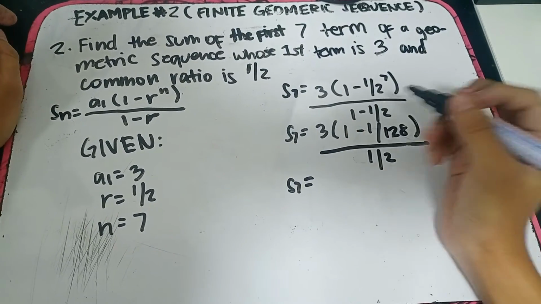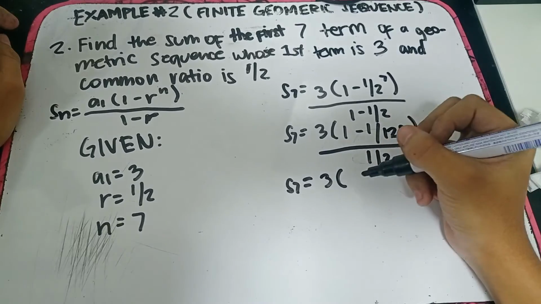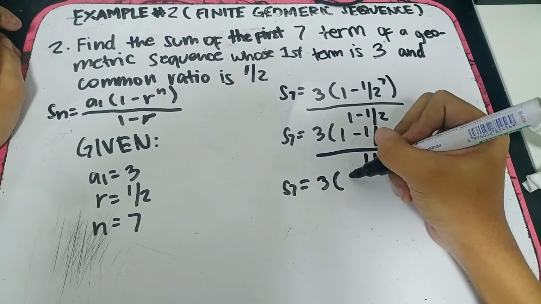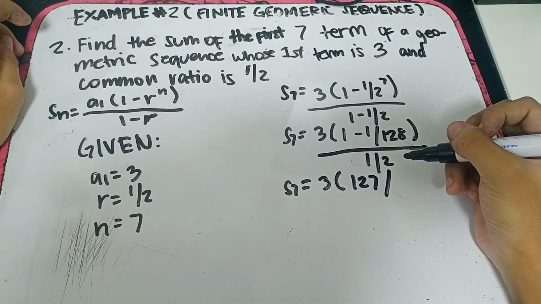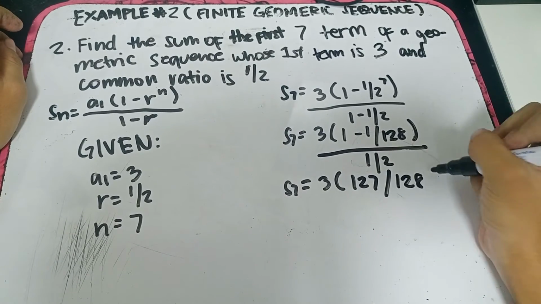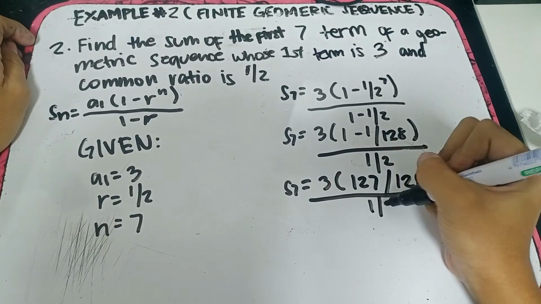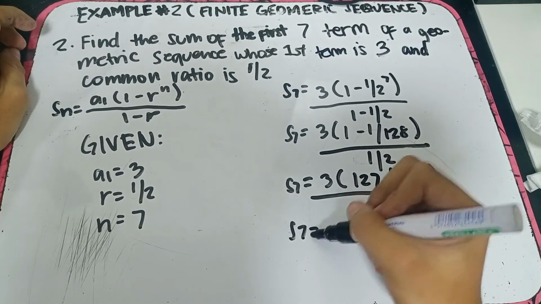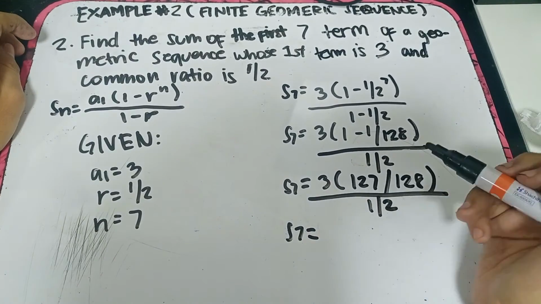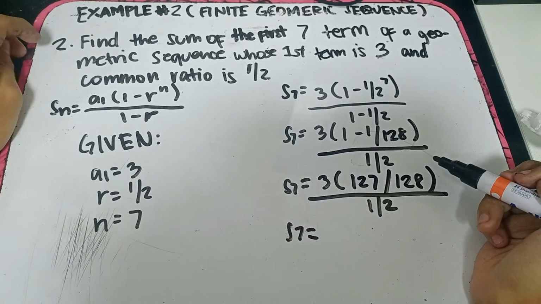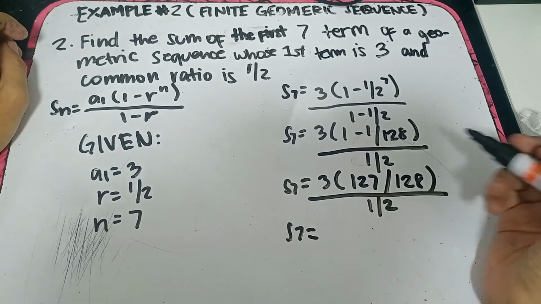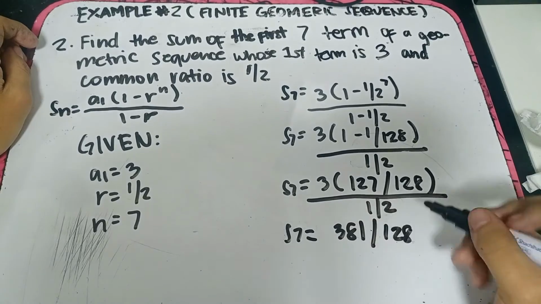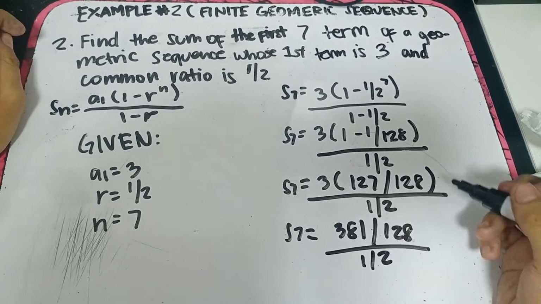S sub 7 equals 3 times 127 over 128 equals 381 over 128, over 1/2.